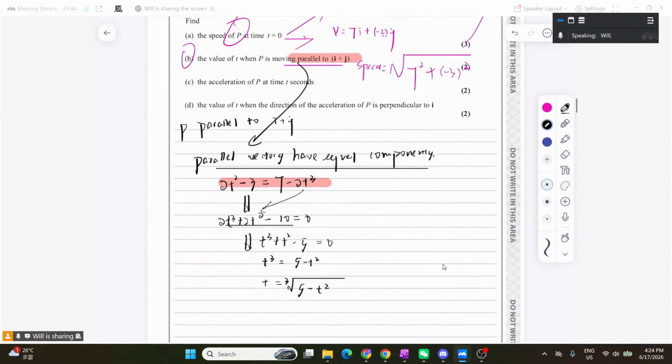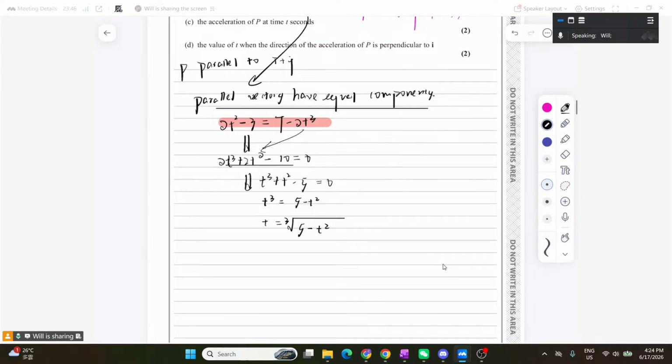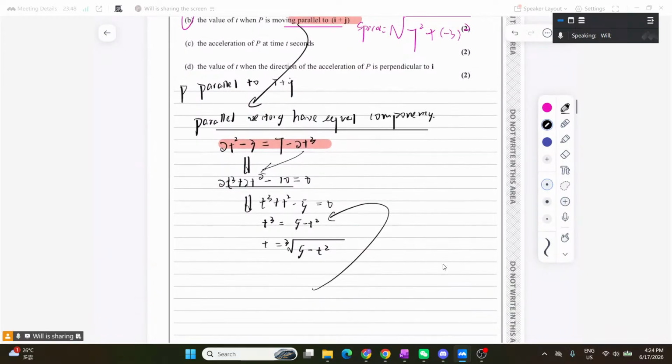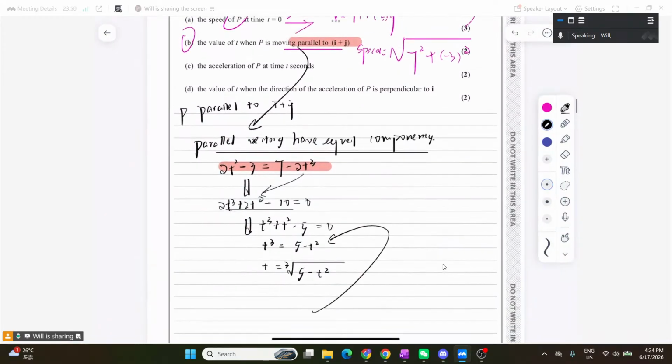Put it into the calculator to calculate t, and we get t approximately 1. This satisfies the equation. No problem.